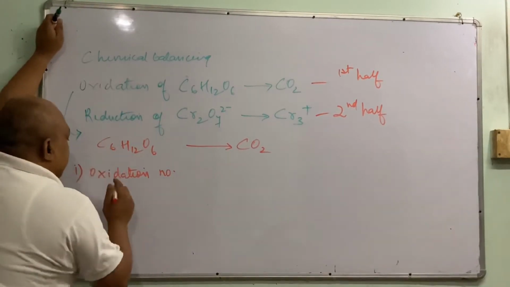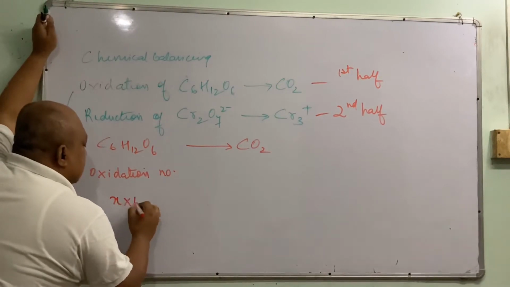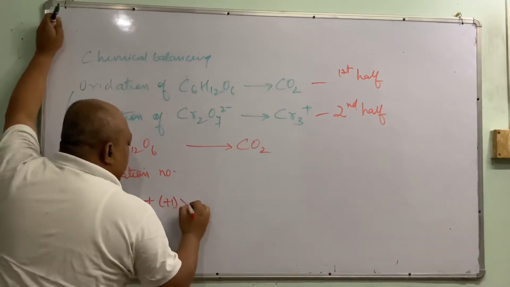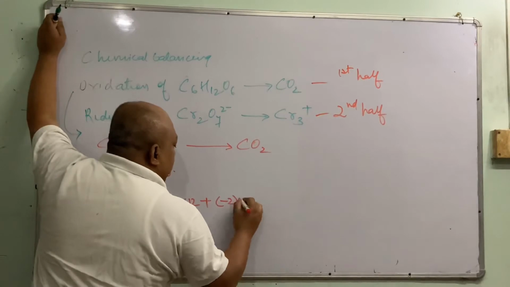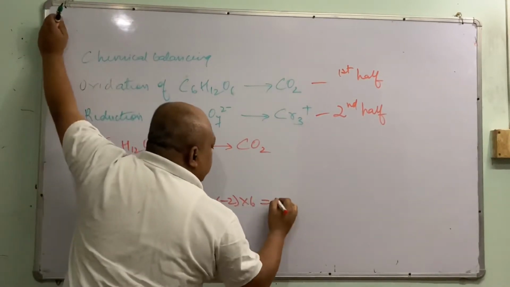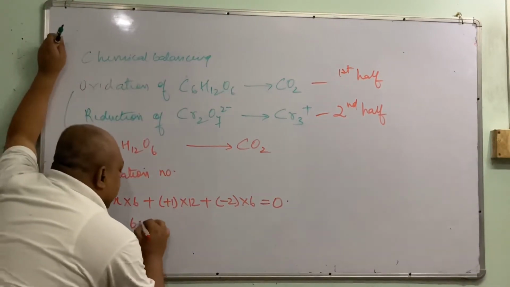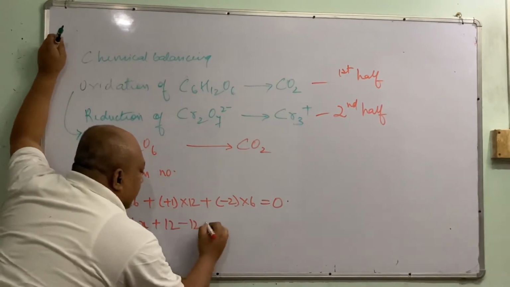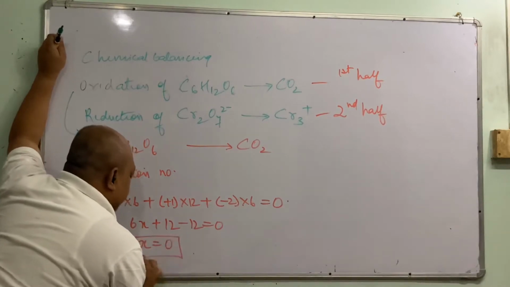This is C, so this is x into 6, plus hydrogen is 1 into 12, plus oxygen is minus 2 into 6. There is no charge over here, so it is equal to 0. So 6x plus 12 minus 12 is equal to 0. So can I say x is equal to 0?